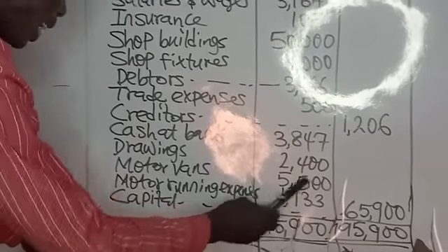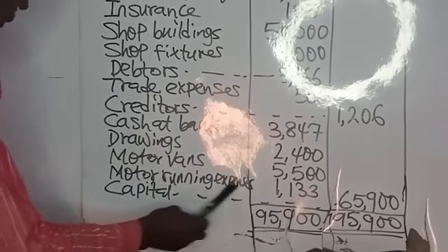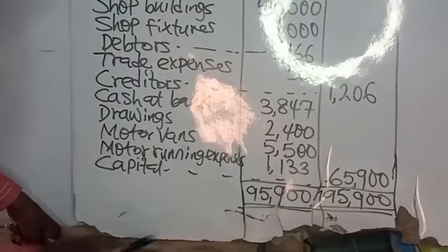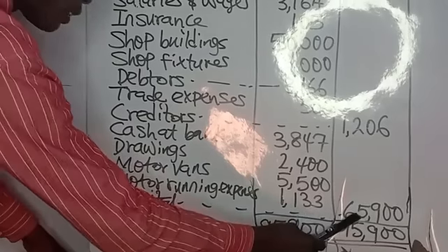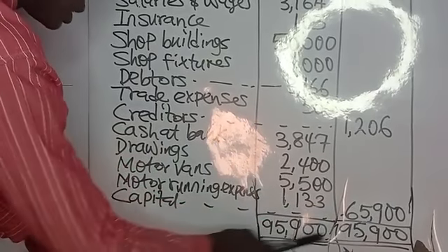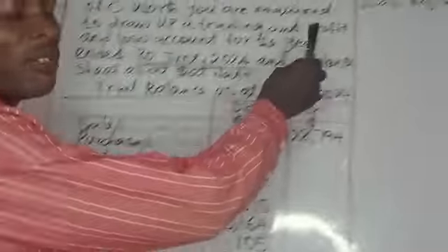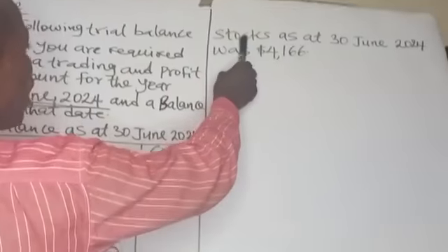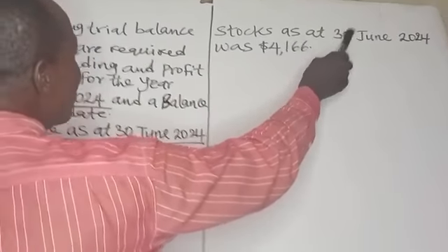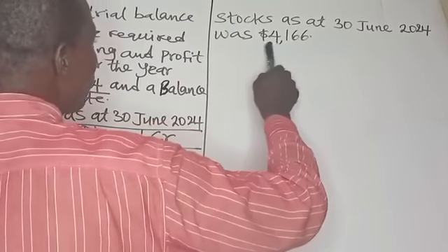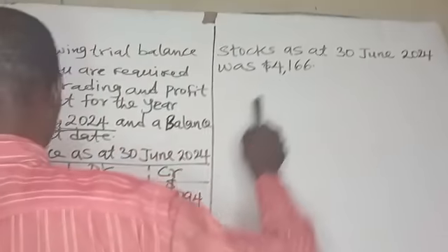Motor vans 5,500. Motor running expenses 1,133. Capital 65,900. The total of both the debit and credit side is 95,900. Then you have stocks as at 30th of June 2024 was 4,166. This is the closing stock.